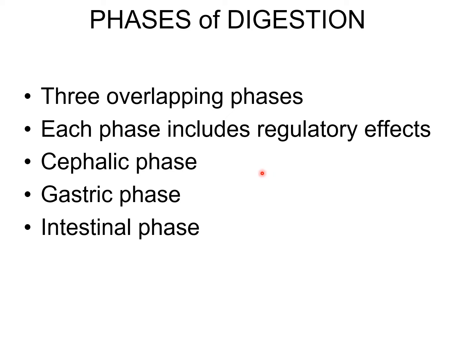So the last part of this lecture is about regulation of the digestive activities. What's happening in our oral cavity, what's happening in our stomach, and what's happening in our small intestine can be regulated.